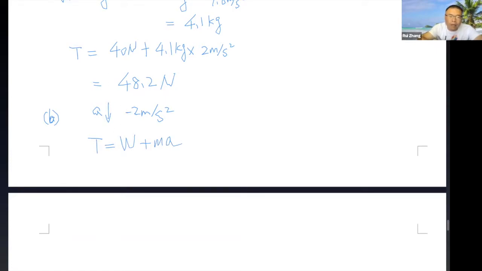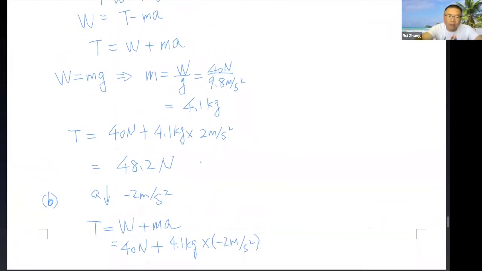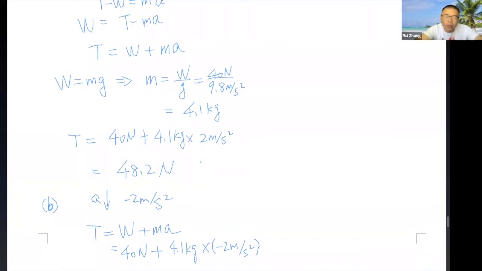Because the positive direction, as we defined, is going up. So you have 40 Newton plus 4.1 kilogram times negative 2 meters per second squared, okay? This a here is negative, and that gives you the answer for this one. So you have 40 minus 8.2 instead of plus 8.2 in this case, okay?